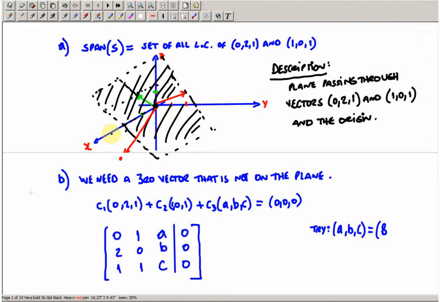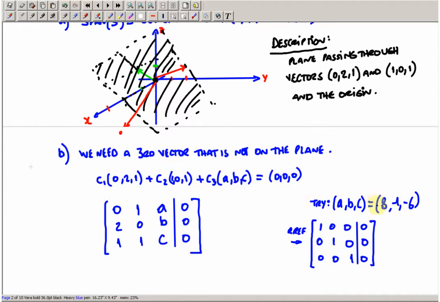It's hard to see from the graph, but you can try x equals 8, y can be 1, and z can be negative. So let's try negative 6. Put those in here and see if this system has the trivial solution. I tried that.